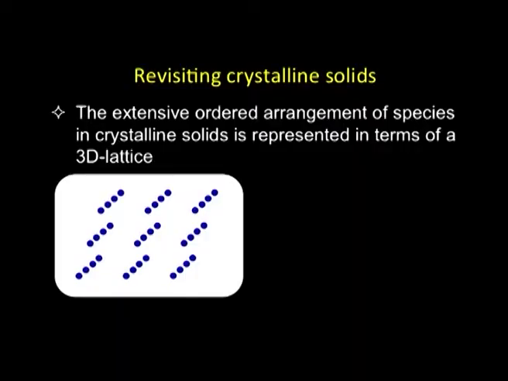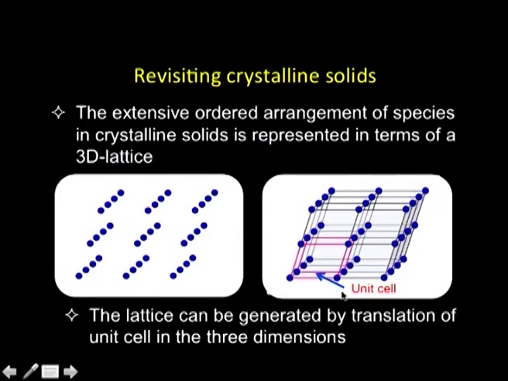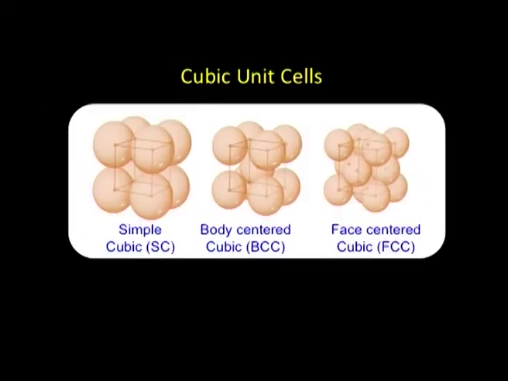Okay. Going further, we also know that any crystalline solid can be expressed in terms of a 3-dimensional lattice, and such a lattice can be generated by repeating what is called a unit cell. That means you take a unit cell, repeat it in all 3 dimensions, and we generate the whole lattice. Okay. So, these are a few things which we learnt elsewhere. One more thing before we proceed: in the case of cubic unit cells, there are 3 possibilities.